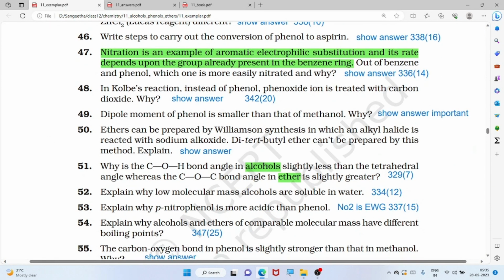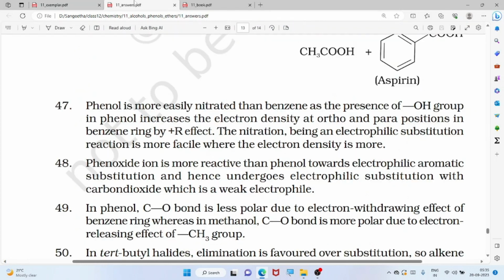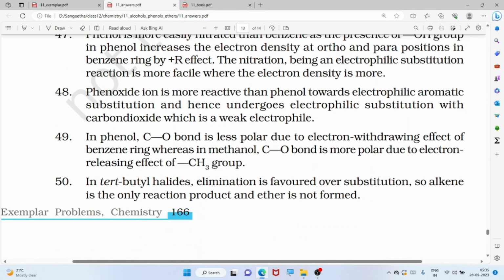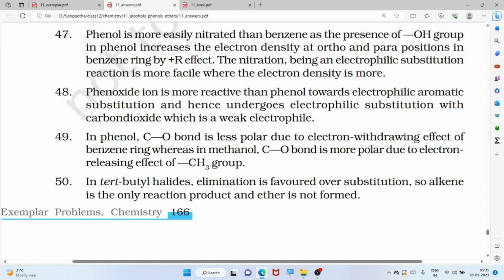In Kolbe's reaction, instead of phenol, phenoxide ion is treated with carbon dioxide. Why? Phenoxide ion is more reactive than phenol towards electrophilic aromatic substitution, and hence undergoes electrophilic substitution with carbon dioxide, which is a weak electrophile. Phenoxide ion doesn't have that hydrogen.